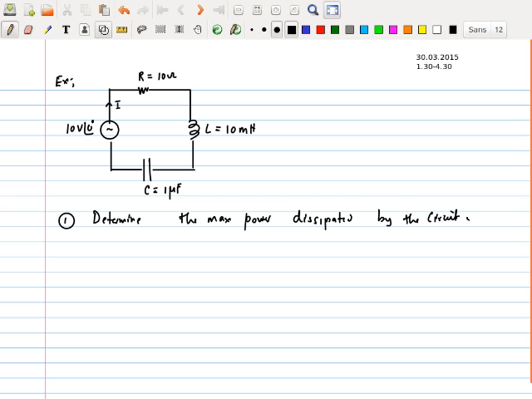I have repeatedly told you that maximum signal power is going to be dissipated by the circuit which is completely resistive, right? Maximum.